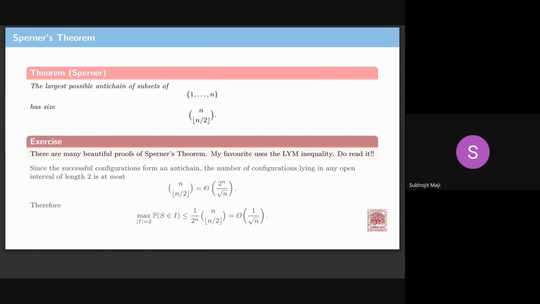And in the big O notation, it is 1 by root n, right? So the maximum probability that those summations lie within an interval of length 2 is big O of 1 over root n, right? Now moving on. So this is what Erdős proved.